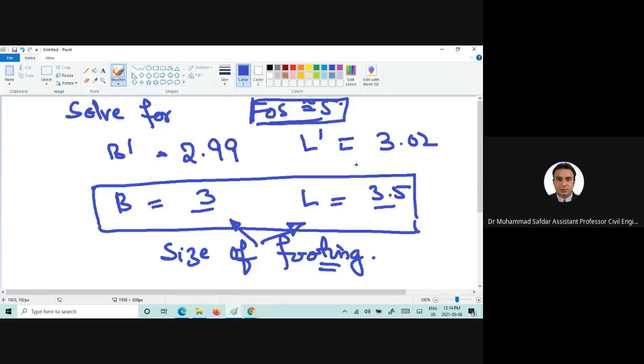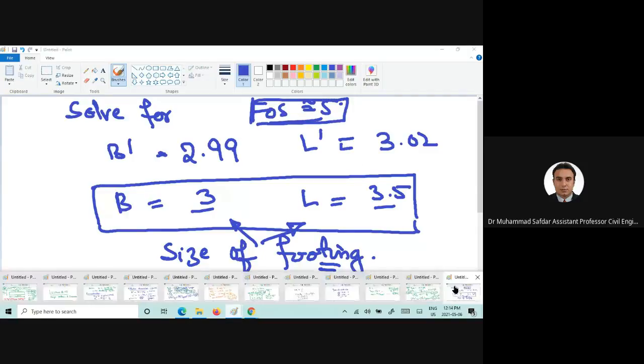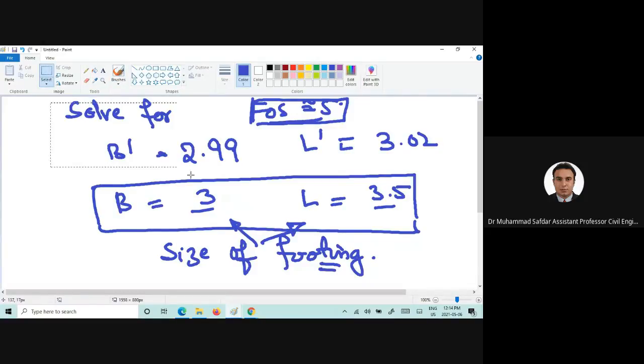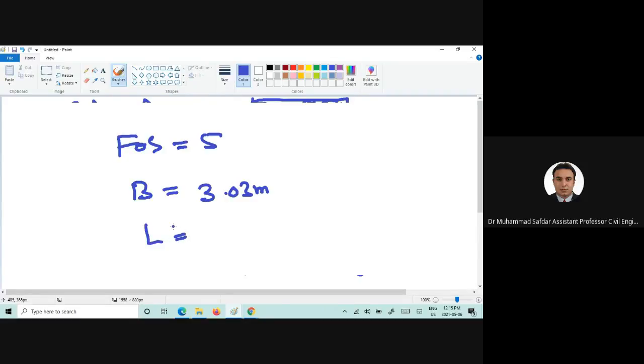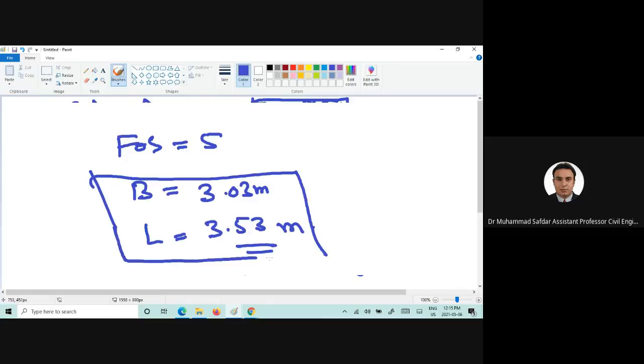But if we want to calculate exactly 5, then we need to recalculate these dimensions, and the more appropriate dimension to get exactly factor of safety 5 would be B equal to 3.03 meter. But as you can see here, the difference is not that much, so we don't really worry about the exact 100% factor of safety, which is close to 5.